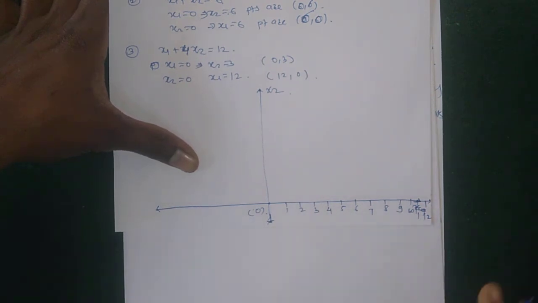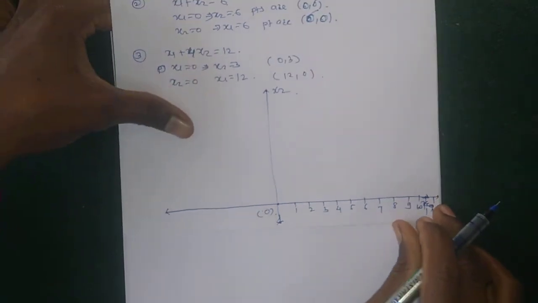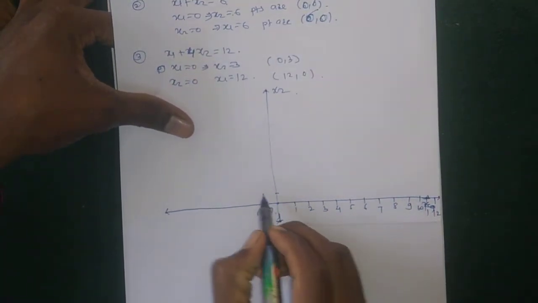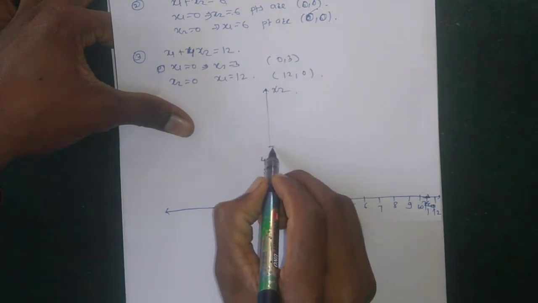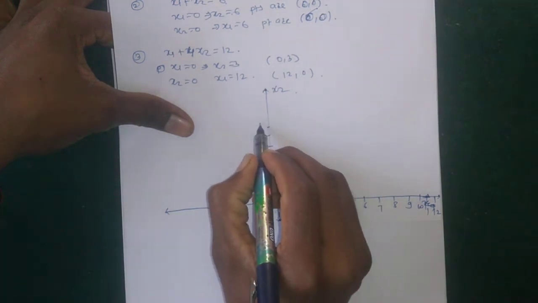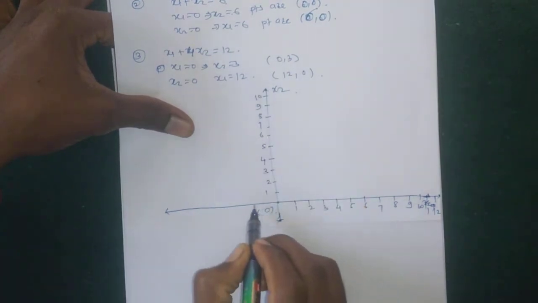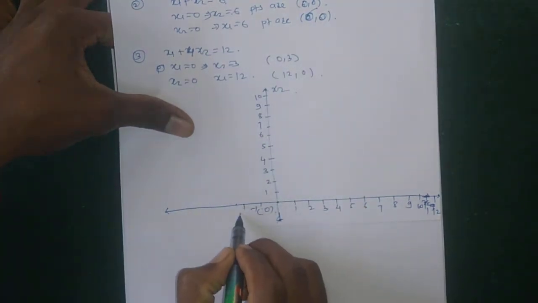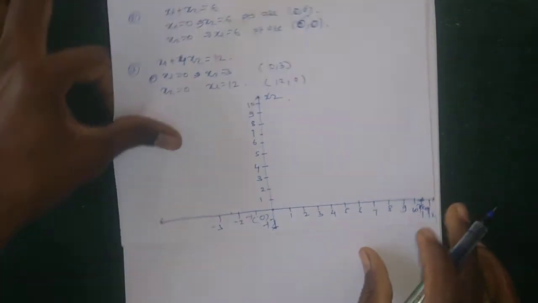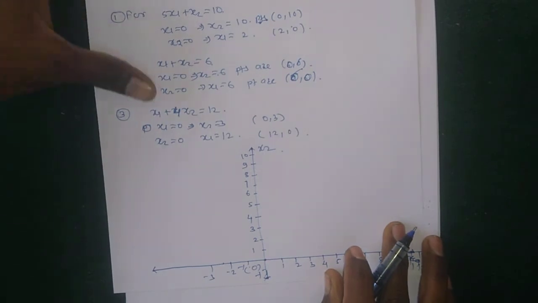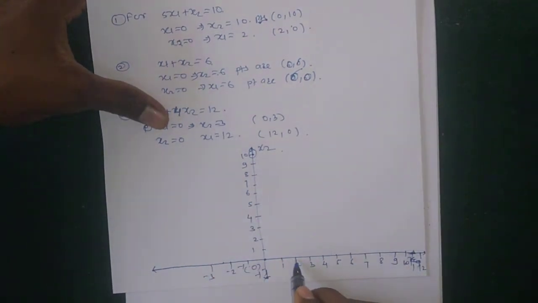On the other axis the portions are very small: 1, 2, 3, 4, 5, 6, 7 and up to 10, and here -1, -2, -3 and so on. The first points are (0, 10) and (2, 0).